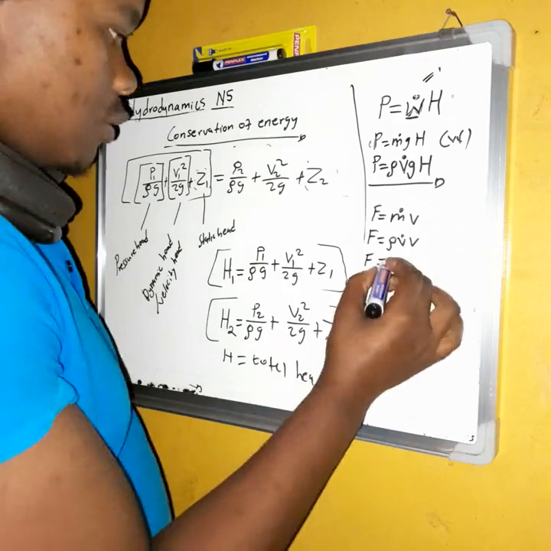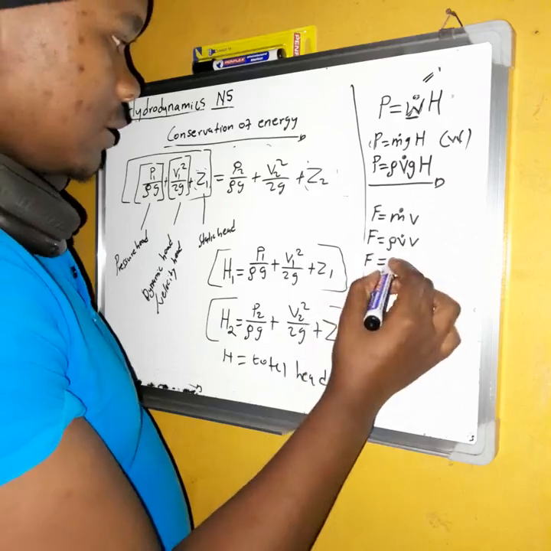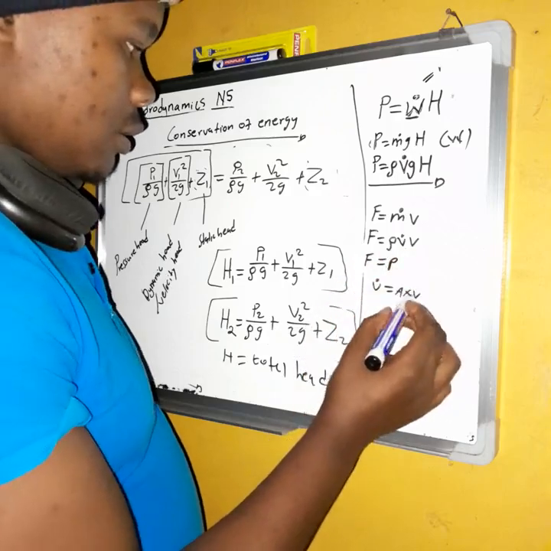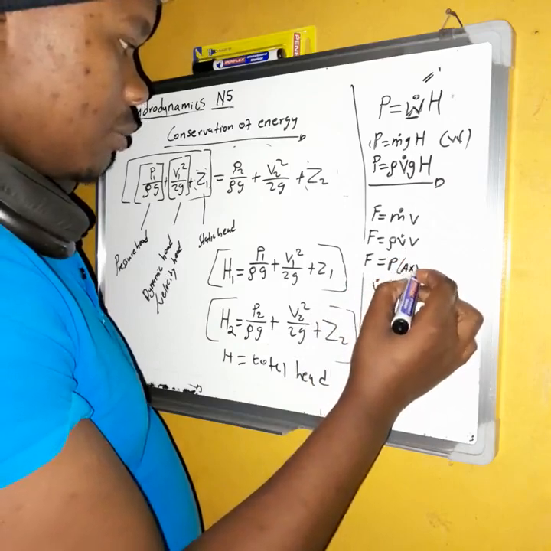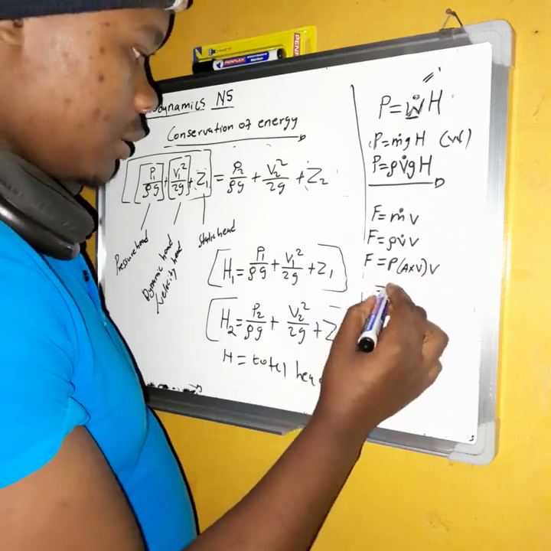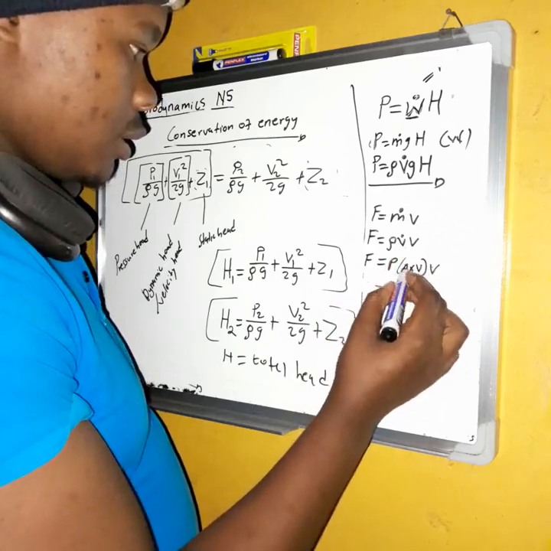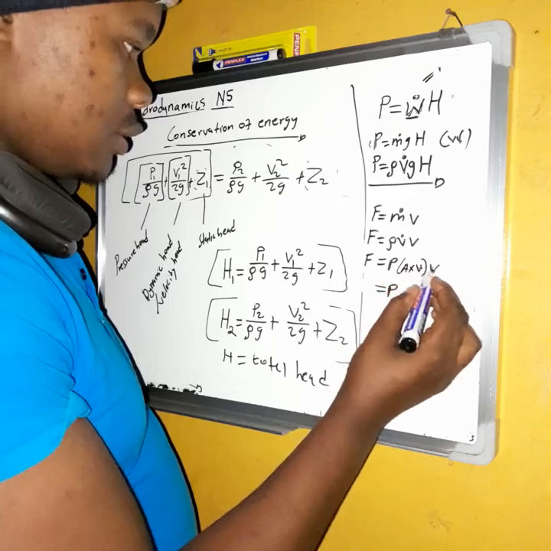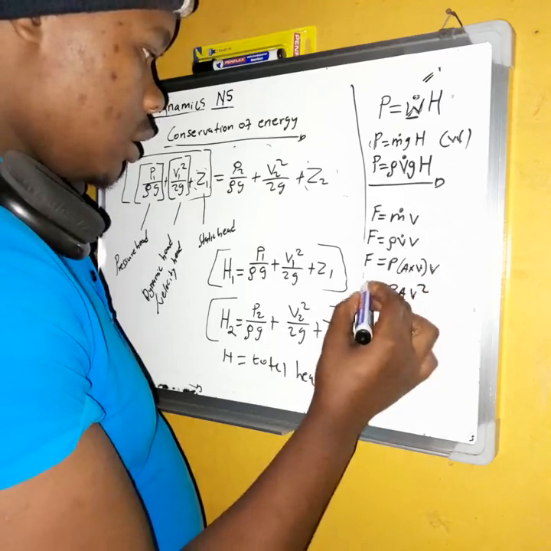So when you substitute this, we have density times area times velocity times v. When you multiply these, we have area times v squared.